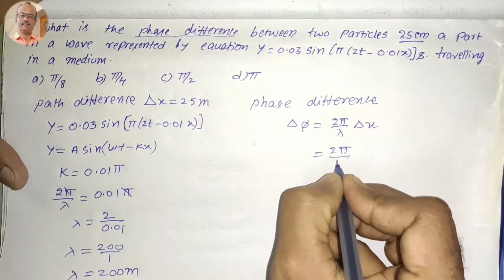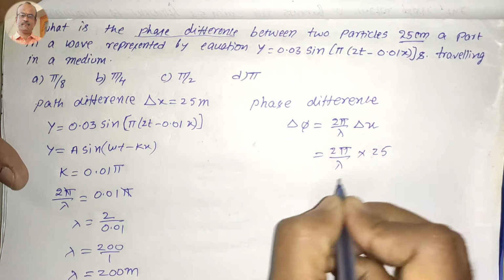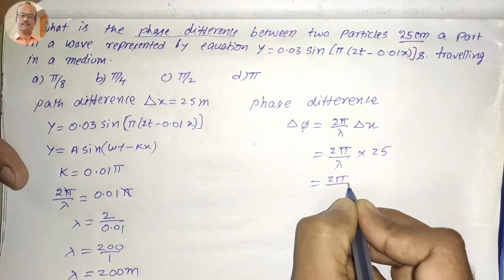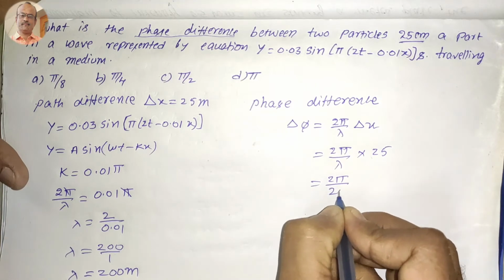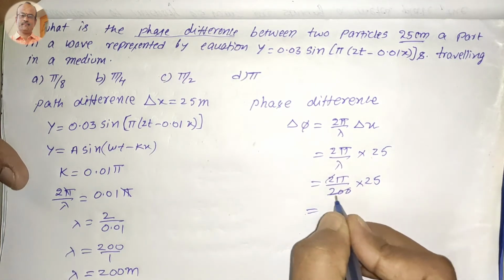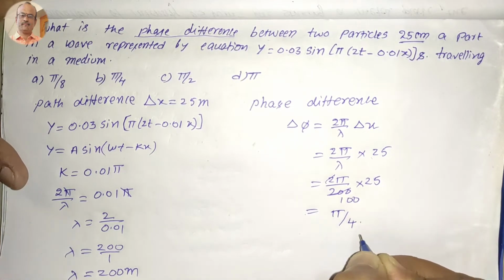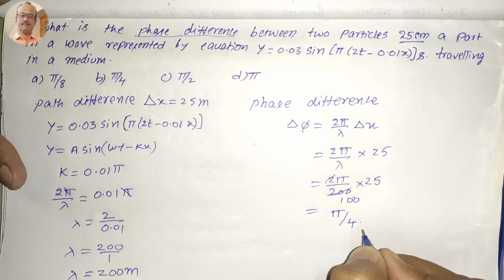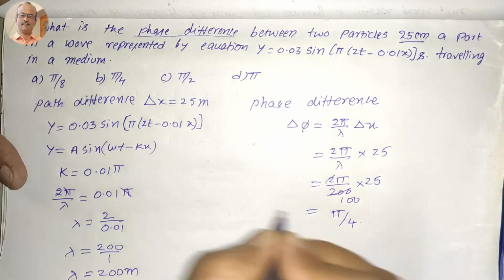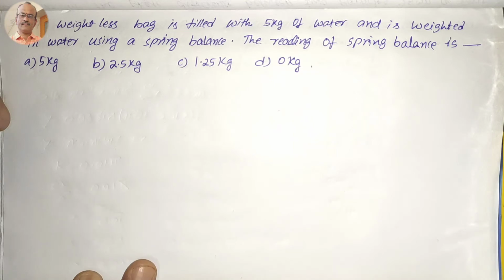So that means 2 pi by lambda into path difference is 25, and 2 pi divided by lambda is nothing but 200 into 25. So 200 times 25 4 times. So that means pi by 4 is the phase difference. So which option is correct here? Option B is correct.